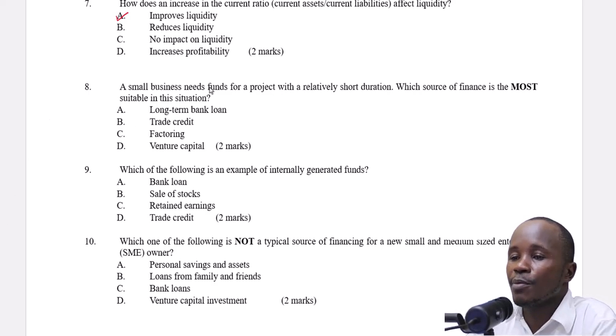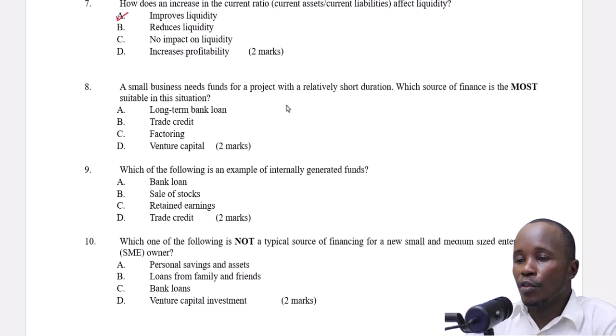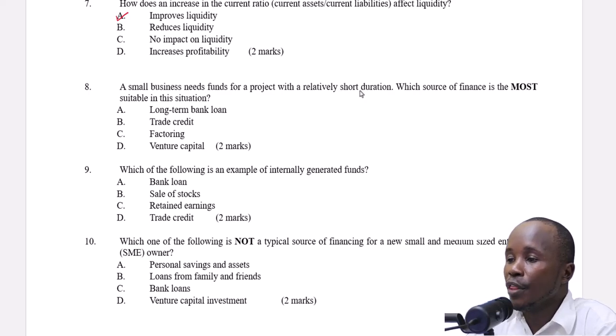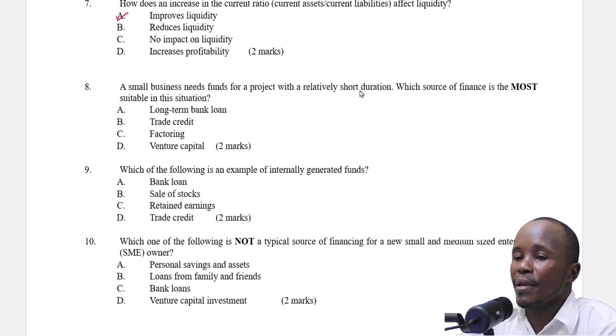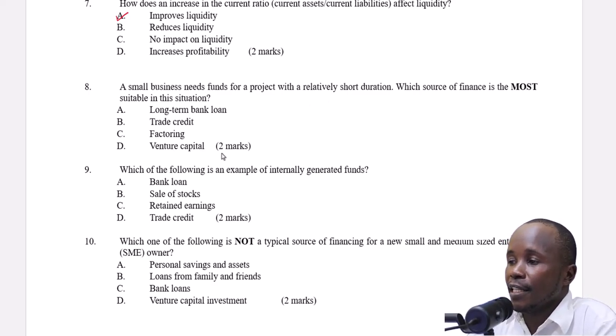Take note of this one. You need funds, but these funds are just meant for a short duration, maybe less than 1 year. Which source of finance is the most suitable in this situation?